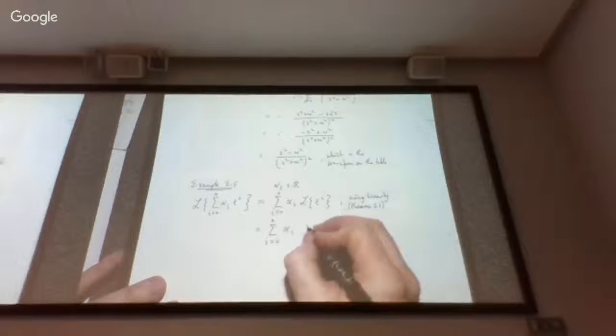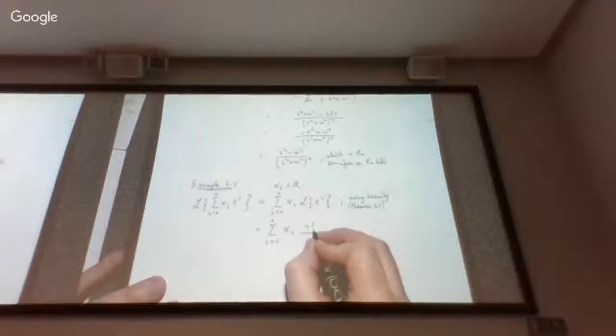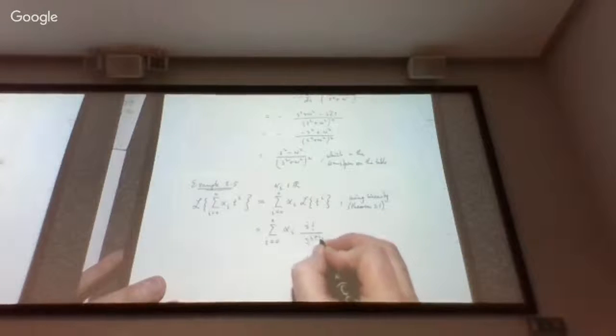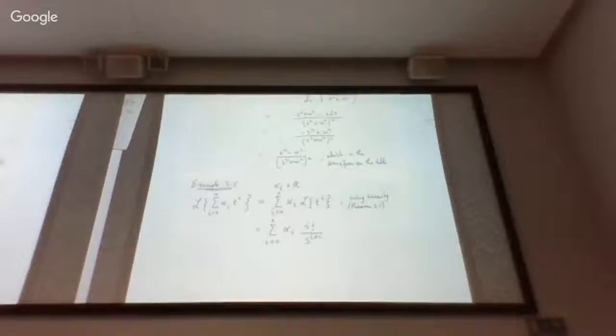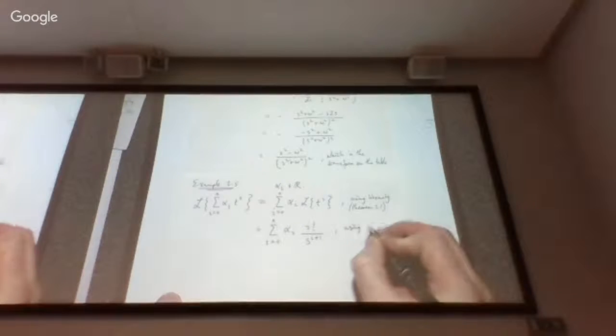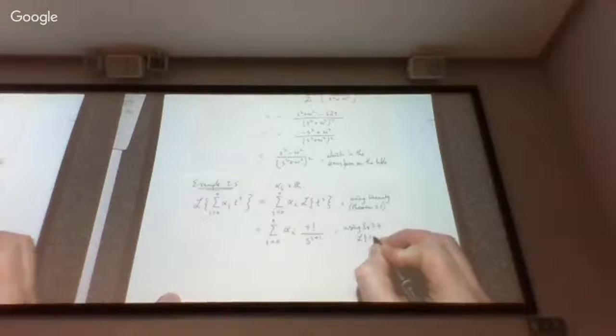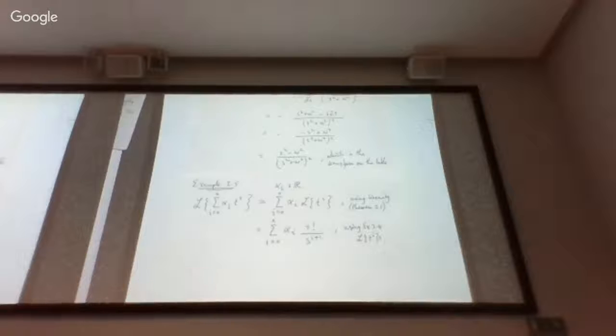So we have i factorial over s to the power i plus 1. So you get this linear combination of powers of reciprocals of s as the Laplace transform of the general polynomial in t. So that's the final thing there, using example 2.4, the Laplace transform of t to the power i equals whatever.